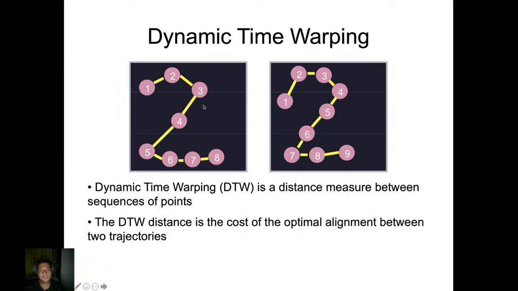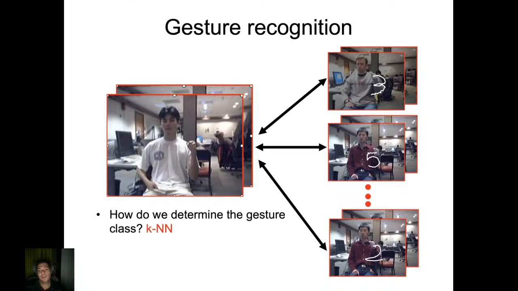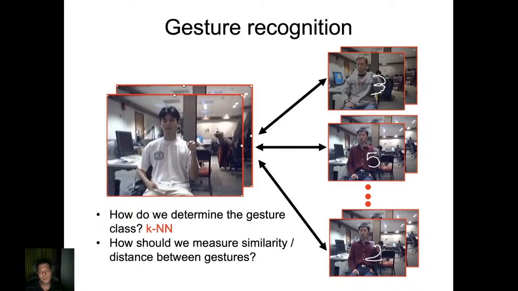So yeah, the idea is to choose the optimal alignment, and of course we have to obey the rules previously described, but we need to find it. Okay, so now going back to our application, gesture recognition. Once again, we apply the k nearest neighbor model, and now we have a method to compute the similarity between gestures. So we will use dynamic time warping.